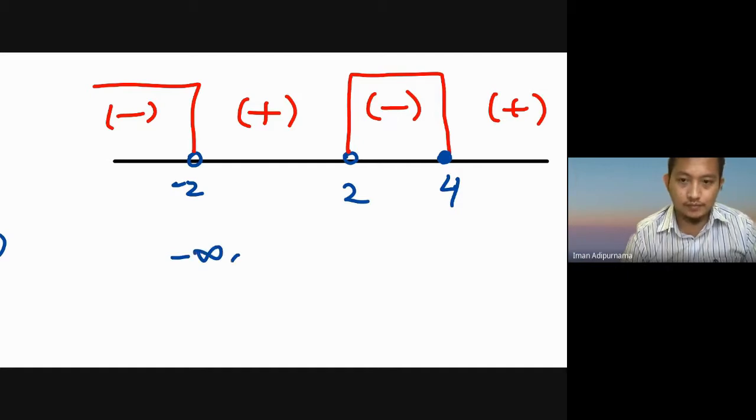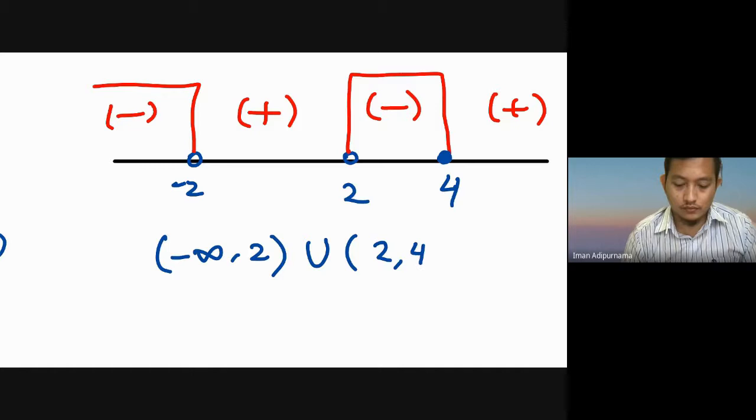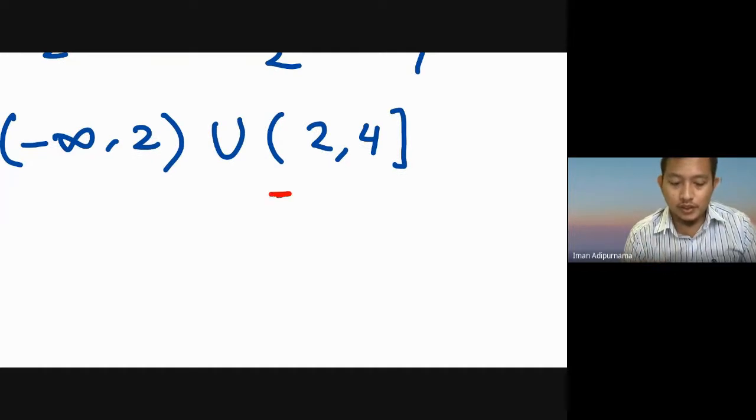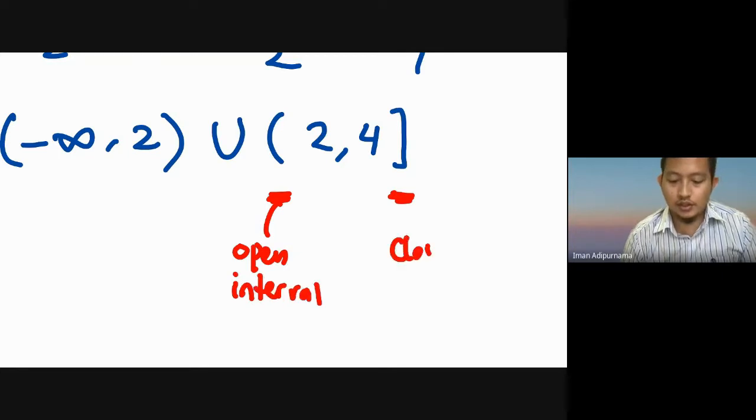We can write, and also please, you need to make some distinction between this bracket and this bracket. This means open interval. This is closed interval.